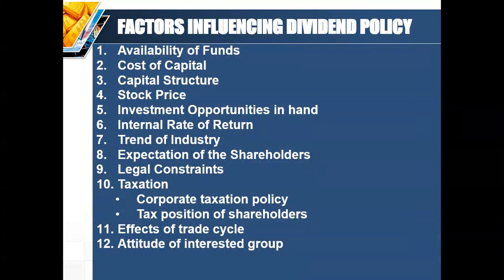The first and foremost is the availability of funds. If any business requires funds, then retained earnings could be the main source for the company. So they don't want to distribute dividends to the shareholders.